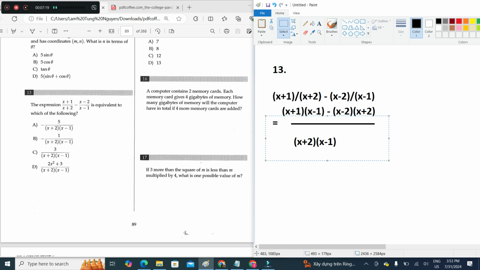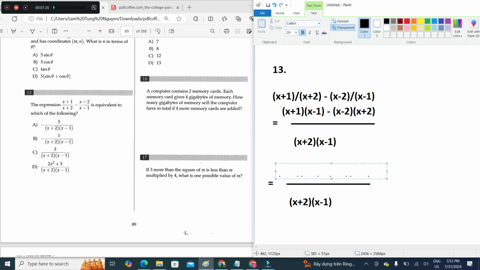We keep the denominator the same. On the top we're going to have x squared minus 1, minus (x squared minus 4), because we have this formula that (a plus b)(a minus b) can be reduced to a squared minus b squared. So we're going to apply this formula.